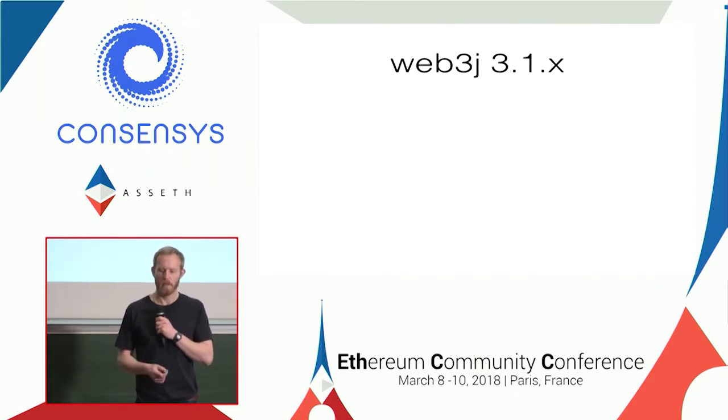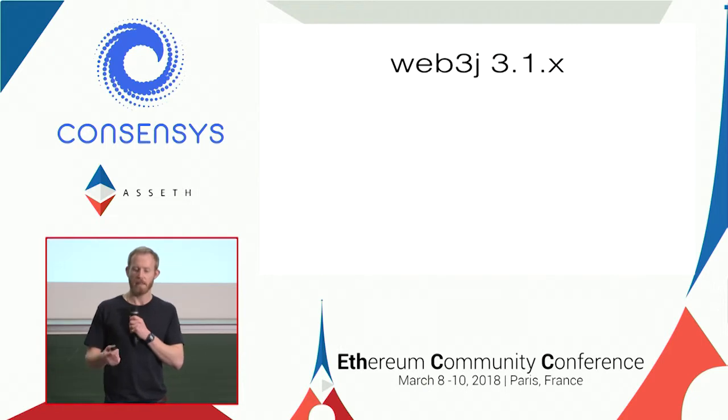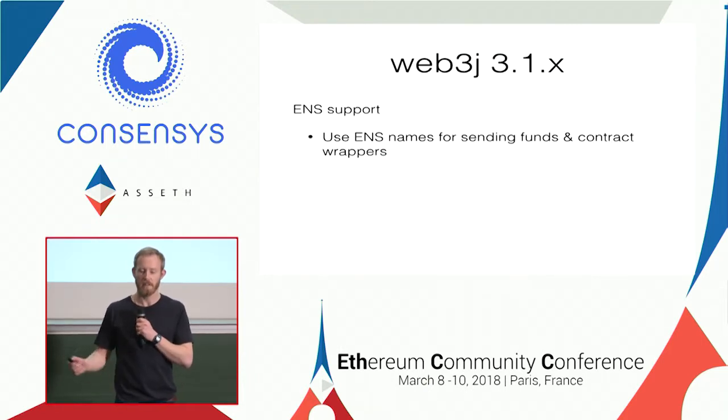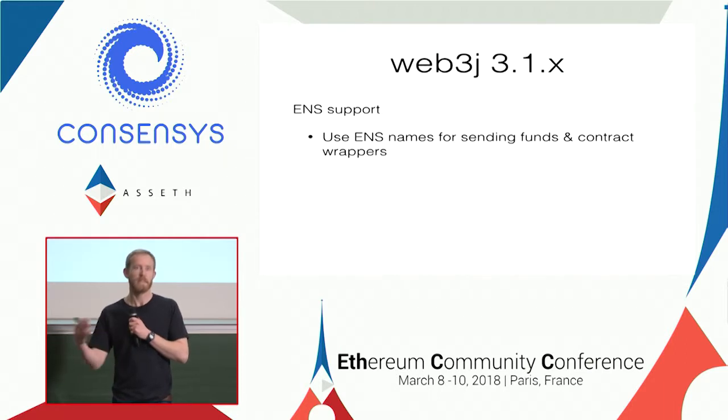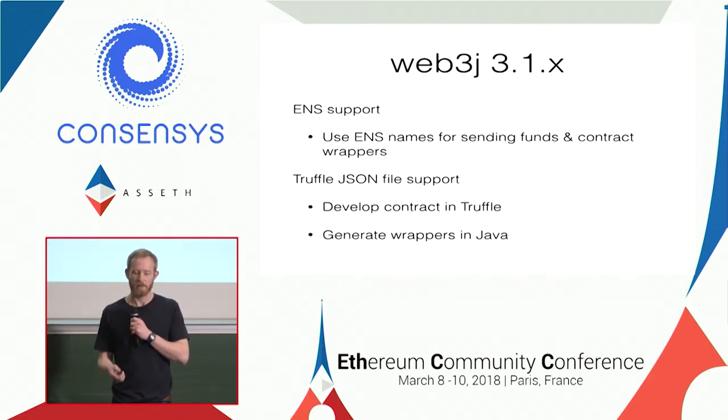Okay, web3j 3.1 came out at the end of last year, and that added, as I mentioned earlier on, ENS support. So with all of these examples I've shown in terms of smart contracts and using Ethereum addresses, you can actually use ENS as well. And I mentioned as well that they've got the Truffle JSON file support.